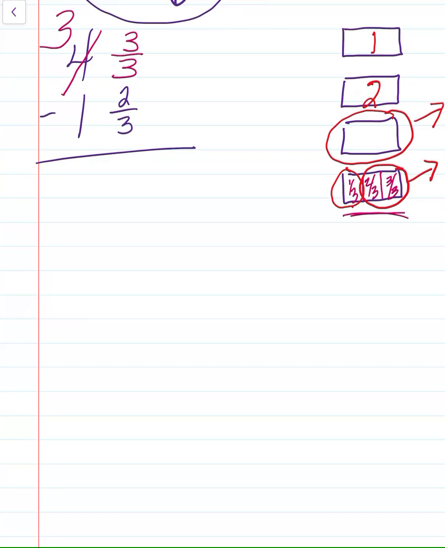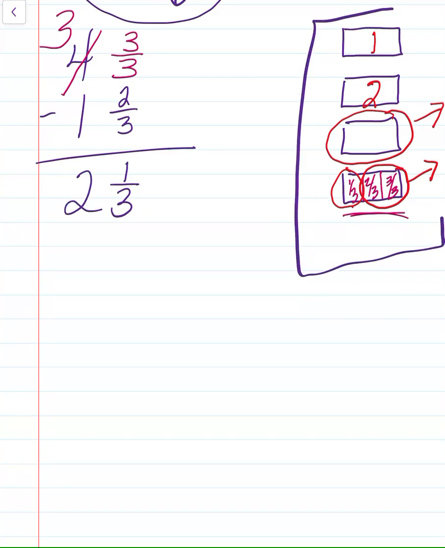And then after we broke that up into 3/3, we can take 2/3 away from 3/3 now. So that gives us 1/3. And then 3 minus 1 is 2. So we have 2 and 1/3, which is exactly what we had in our picture. Okay? All right, let's do one more practice like that.